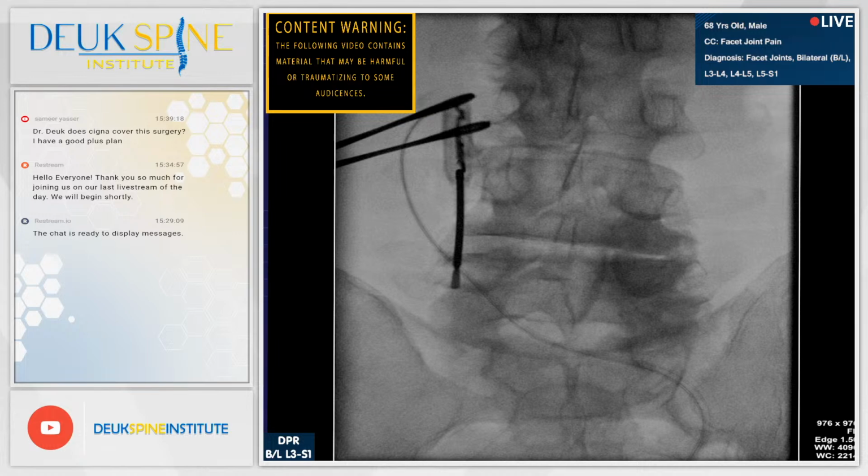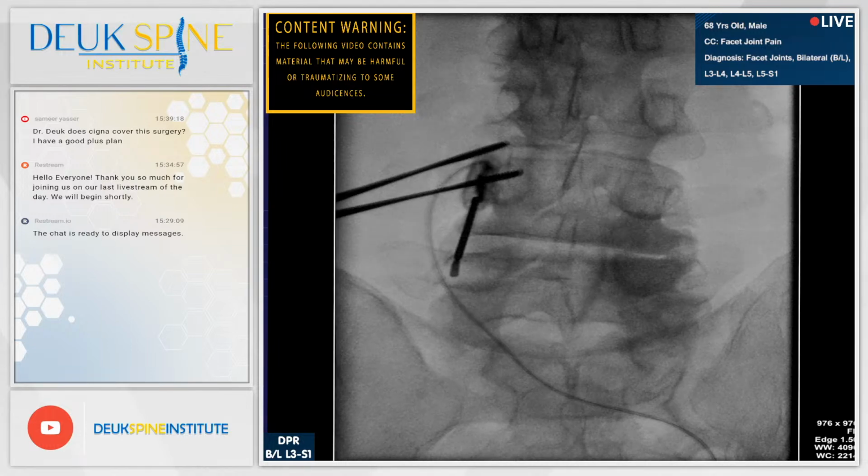I feel bone here. And by the way, if you're doing these types of procedures, you always want to feel bone. You should always feel the bones. You have to sit on top of the bone. That's what this procedure is.